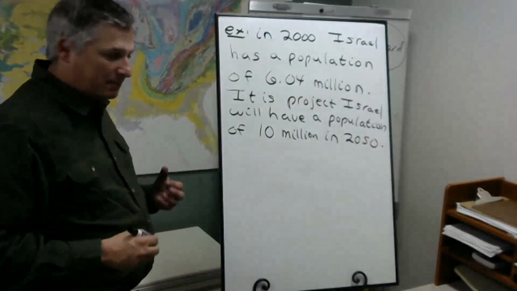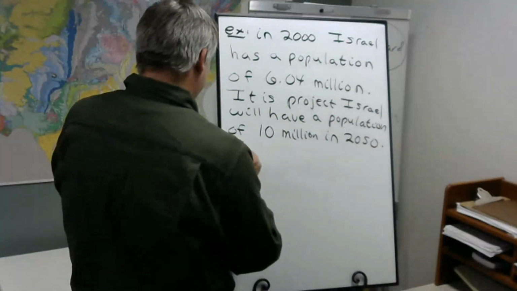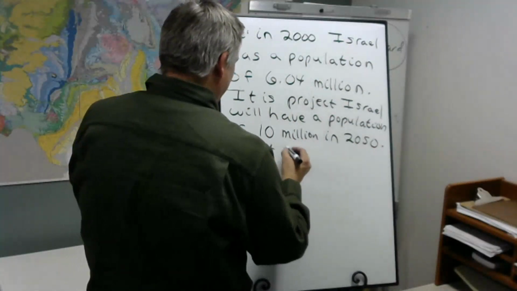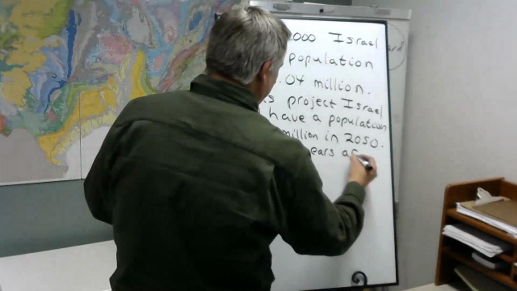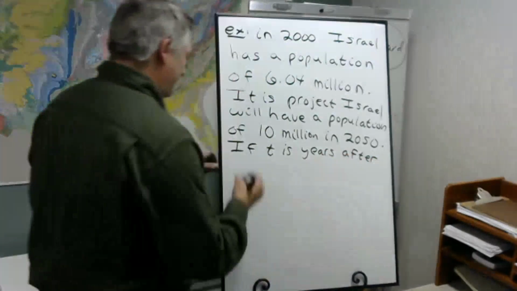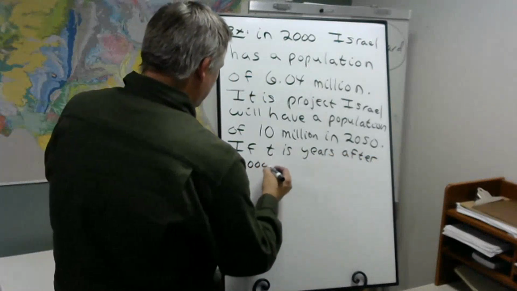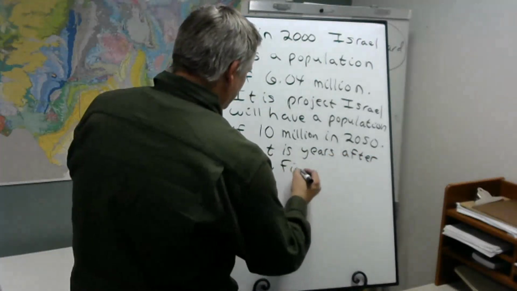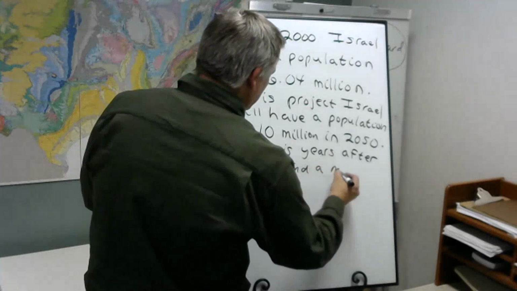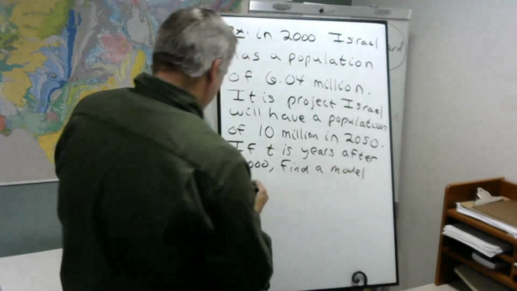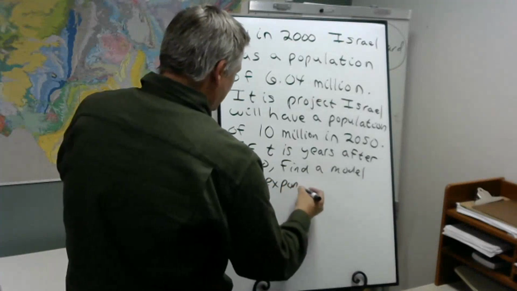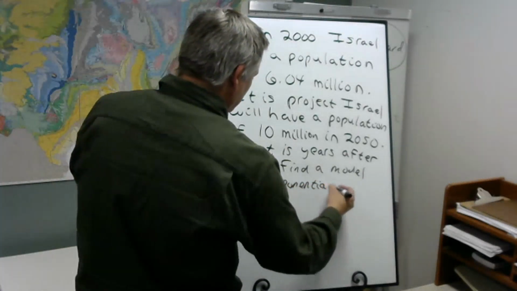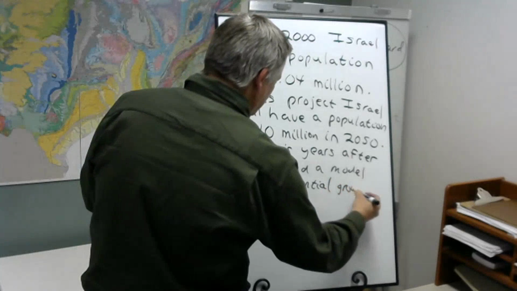So we want to come up with a formula. If t is years after 2000, find a model for exponential growth.